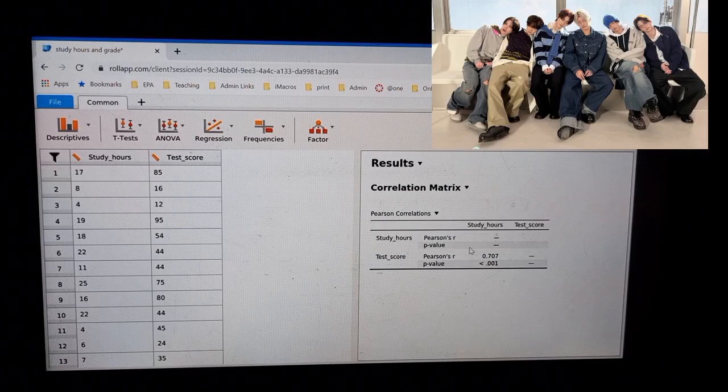Now I want to explain what the results are indicating to you. As with the multiplication table, if you can remember back in the day, there were repeated values, right? We had one times one up here, and then we might have had one times one on the side. So here it's kind of like multiplying. We are asking, are study hours related to test scores?